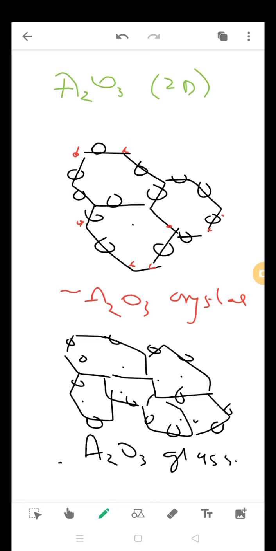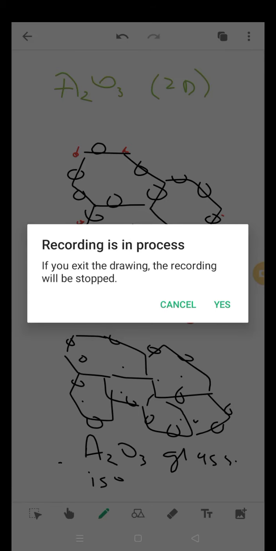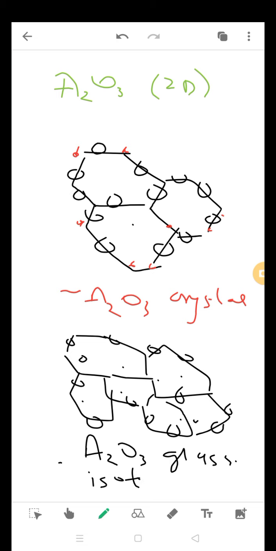So we'll put it here, it's isotropic. The reason behind it is that it lacks symmetry. Lack of symmetry is making it isotropic.